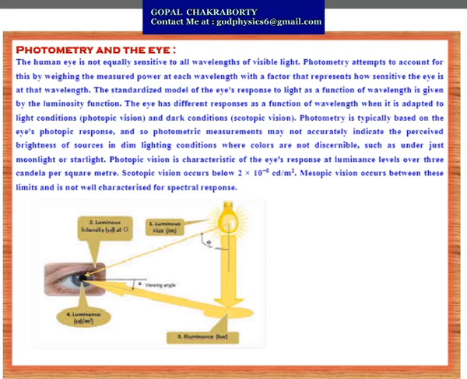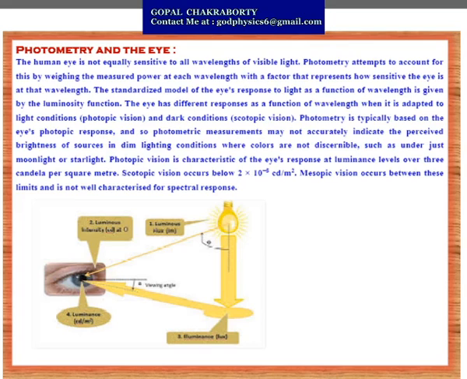The human eye is not equally sensitive to all wavelengths of visible light. So photometry attempts to account for this by weighting the measured power at each wavelength with a factor that represents how sensitive the eye is at that wavelength. The standardized model of the eye's response to light as a function of wavelength is given by the luminosity function.